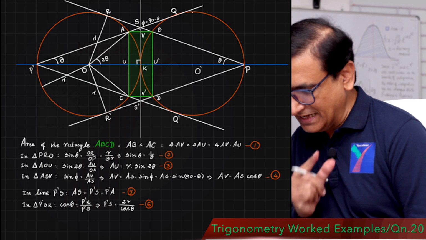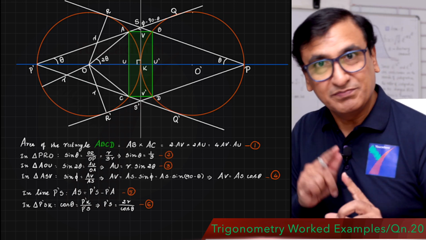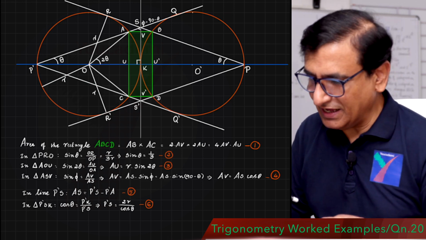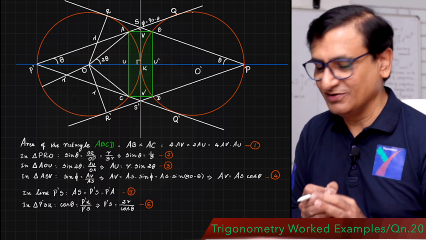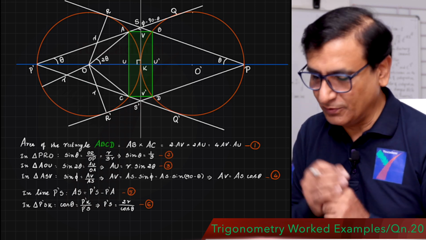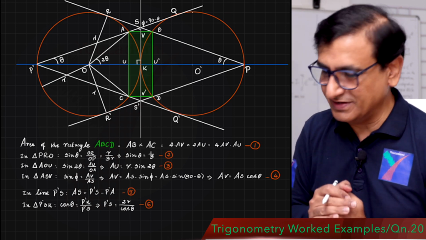So we are left with calculating P prime A. Let's look at the triangle P prime AU. In triangle P prime AU, sine theta would be opposite side AU divided by the hypotenuse P prime A. AU we already know from equation 3.